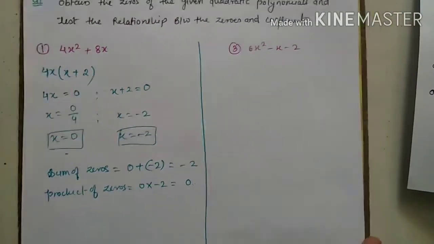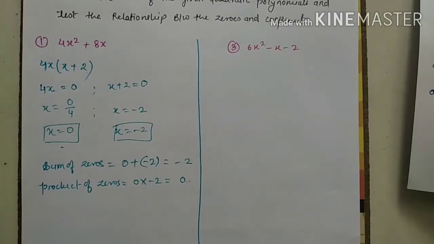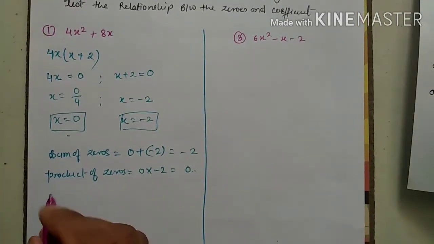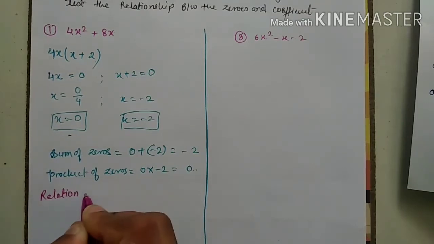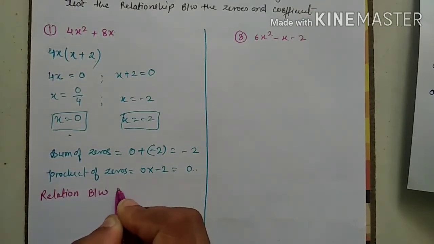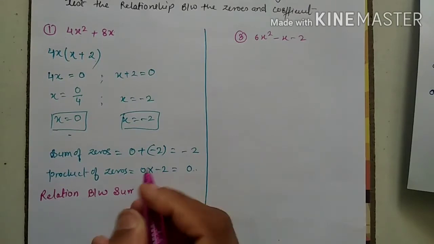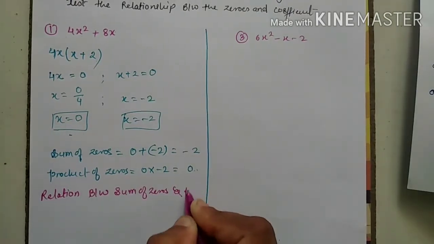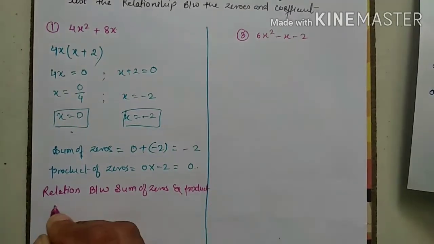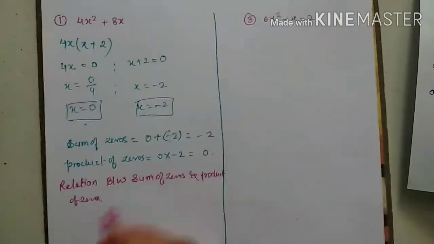Now come to the next. Just see. I am using another pen to understand more. I am checking the relation between the sum of zeros and product of zeros. And what is the relation we have?